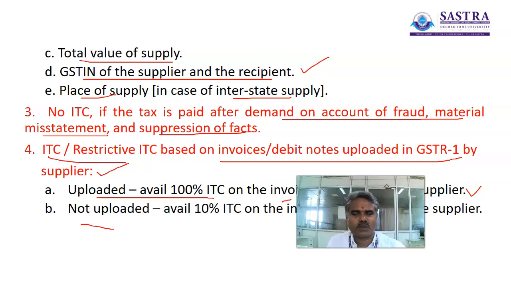So when it is not uploaded, avail only 10% ITC on the invoice uploaded by the supplier. So here you are going to lose 90% of ITC. What is the effect, sir? Once you do not avail ITC, you have to pay more output tax to the government.